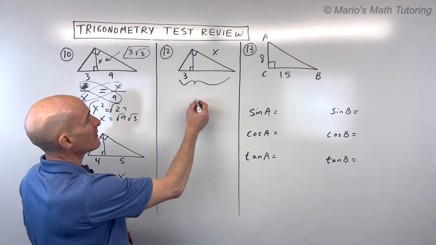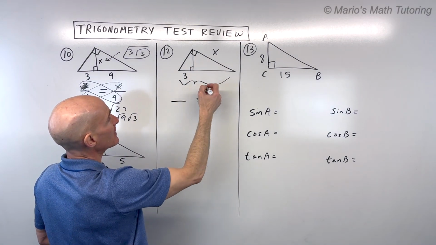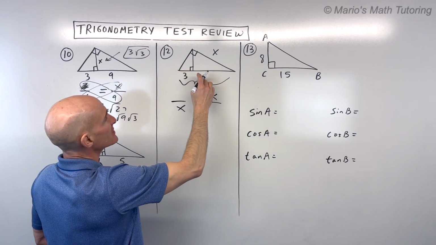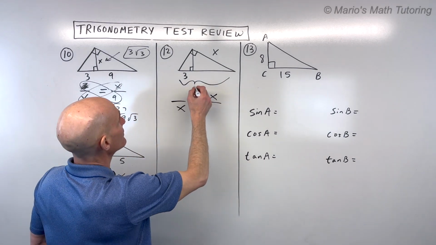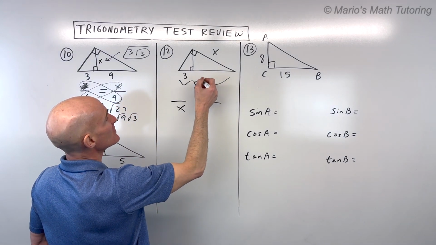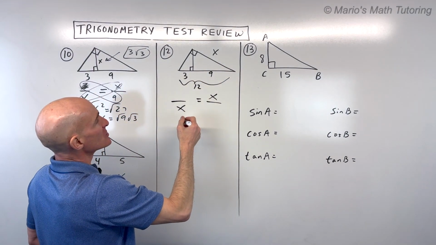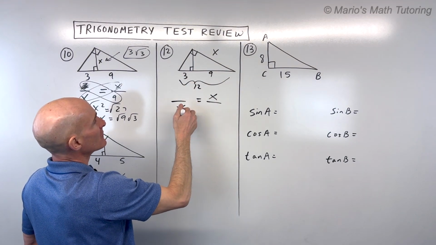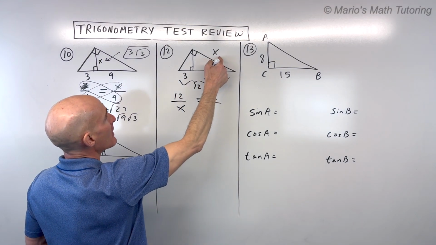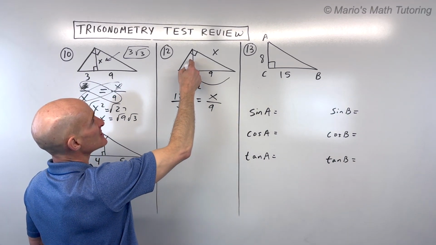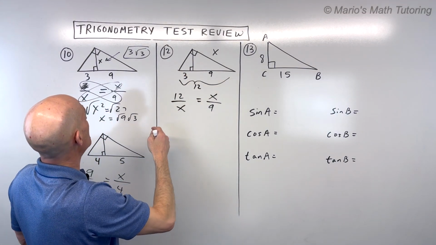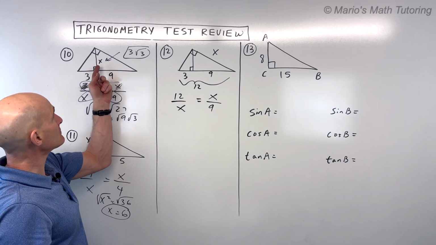So same leg geometric mean theorem. The leg is the geometric mean of the entire hypotenuse, which I didn't write down here. Let me write it down now. It's 12, which means that this piece here must be 12 minus 3, 9. So again, the leg is the geometric mean of the whole hypotenuse and the part of the hypotenuse that's adjacent or closest to that leg. So some people make the mistake of saying, 3 times 9. That's for the altitude.